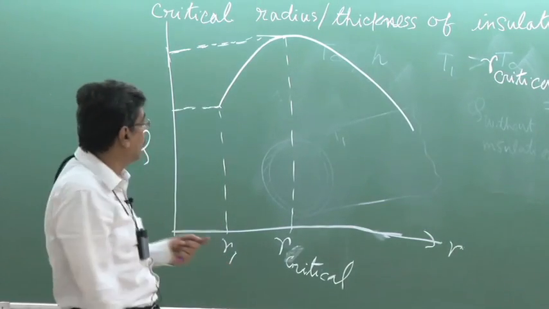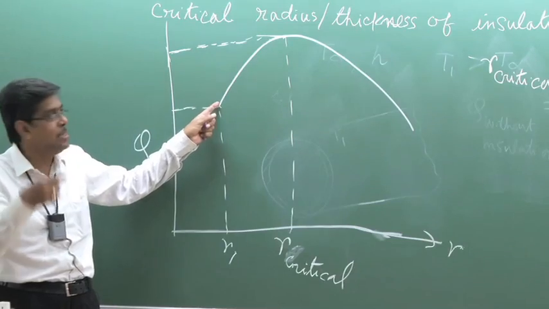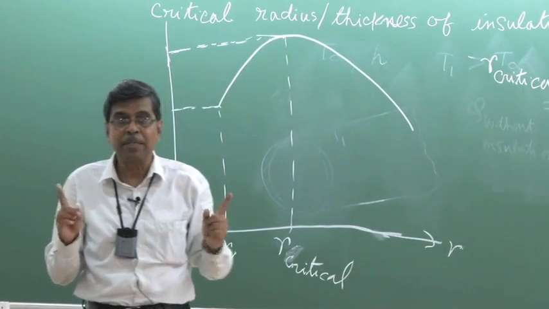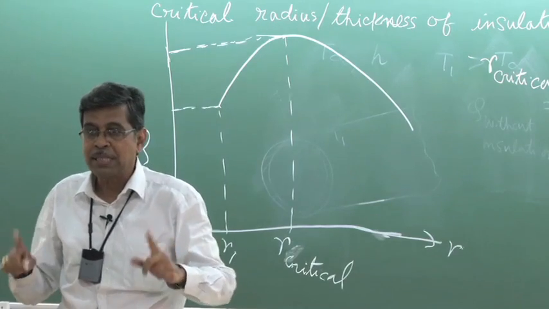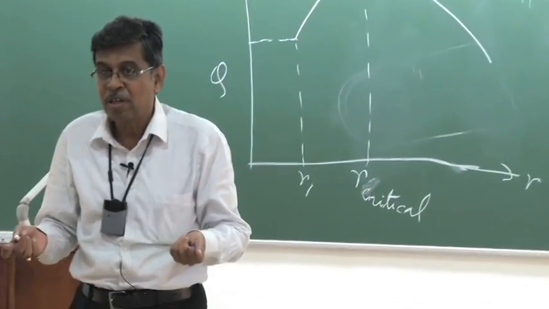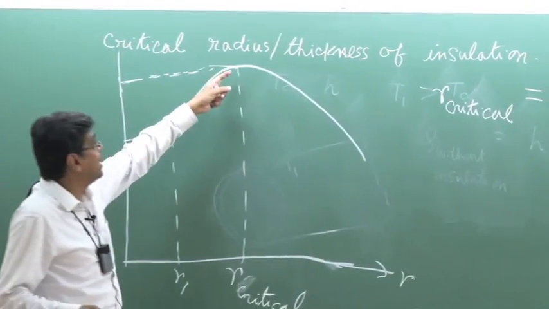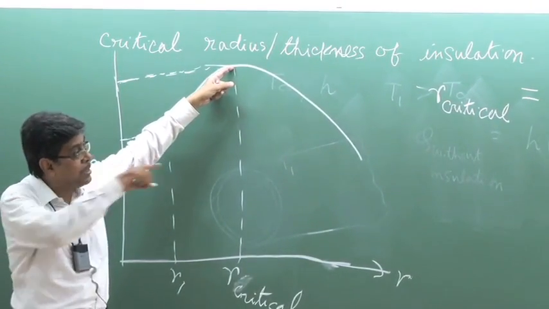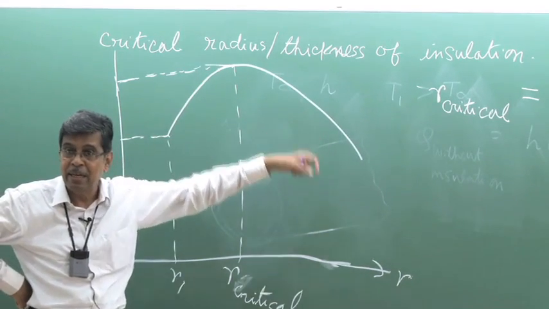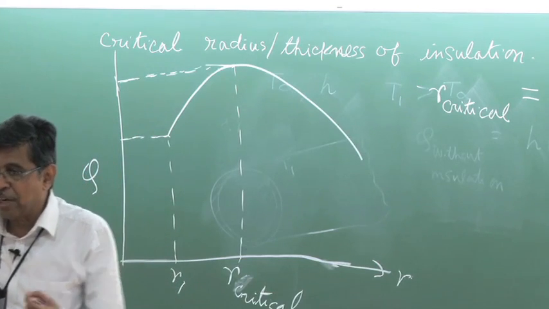If I go on increasing the radius, adding insulating material up to R critical, we are rather not serving the purpose of insulation. We are serving the opposite purpose. We are increasing the heat loss. That means we have to ensure that the actual thickness of insulation in practice must be higher than the critical thickness or critical radius.